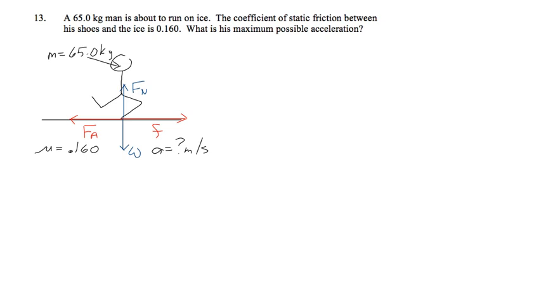Now, it's a little bit tricky for this problem, because I've had people in the other class saying, well, don't I get 0? If these two things balance out, then they equal 0, and if they equal 0, then I'm not accelerating at all. But for every action force, there's an equal and opposite reaction force.